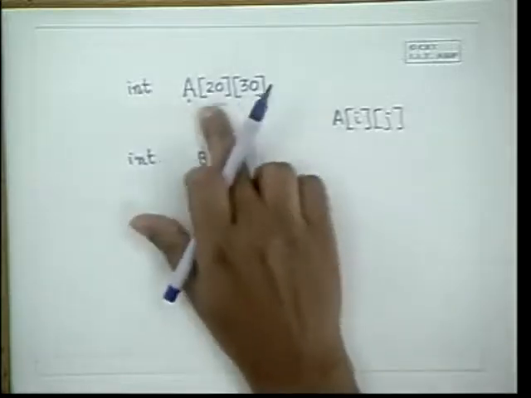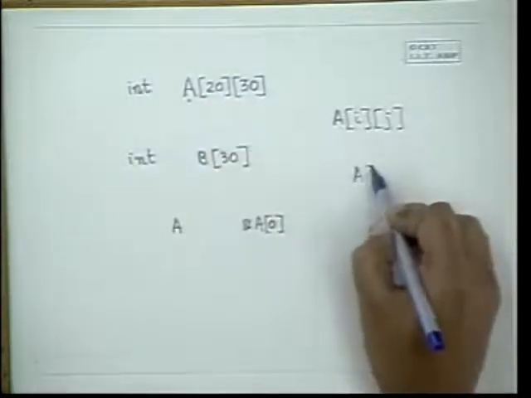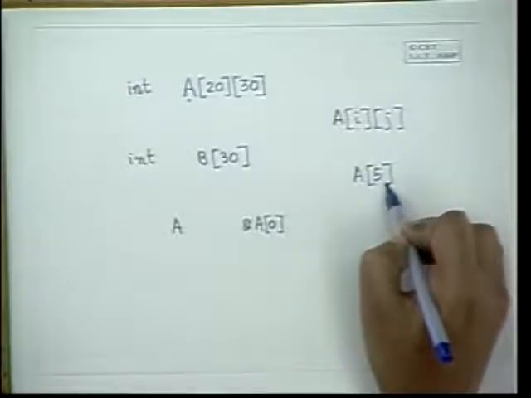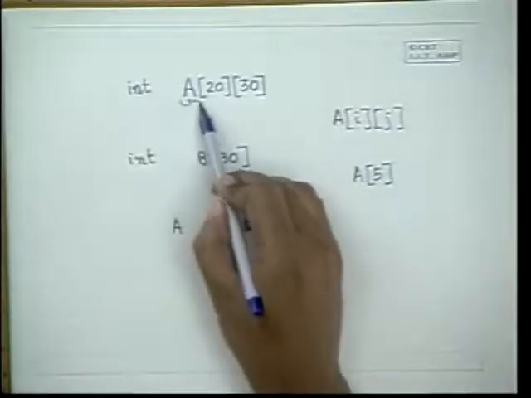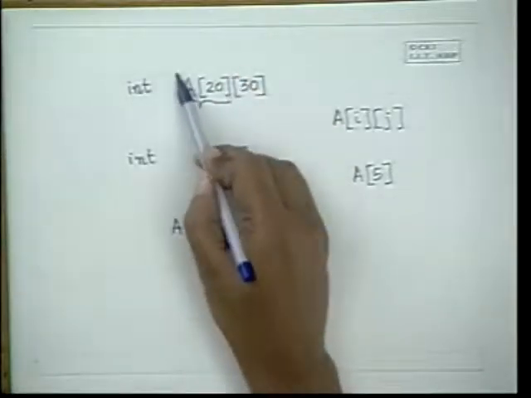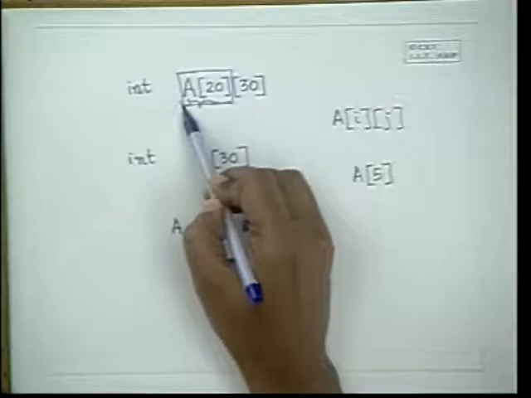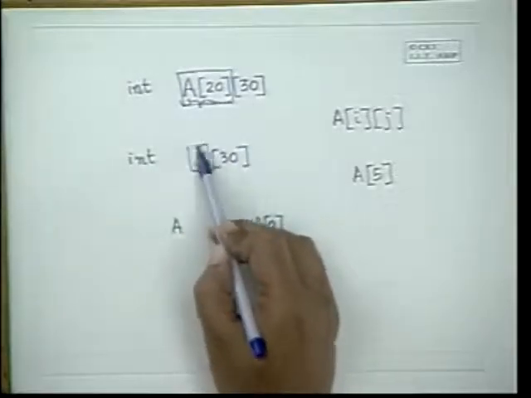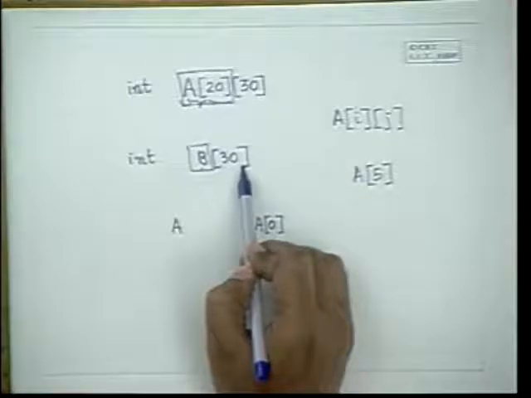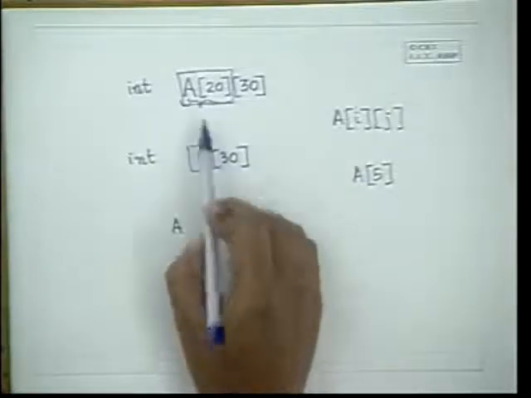And A[5], suppose I say A[5], what do I mean by A[5]? A[5] means this part of the array. For example, B is the starting location of the array B, which is the address of B[0].